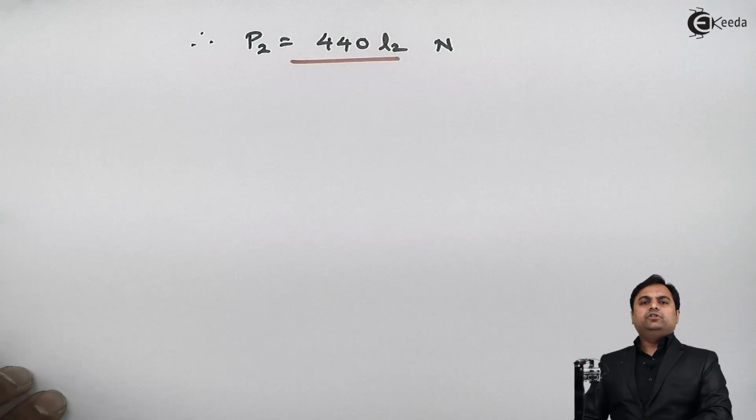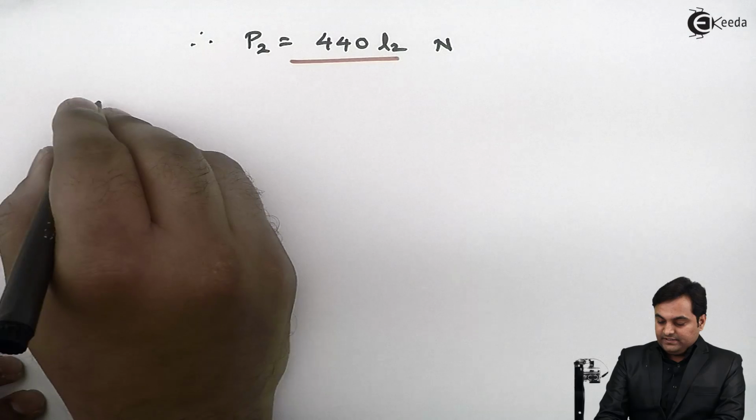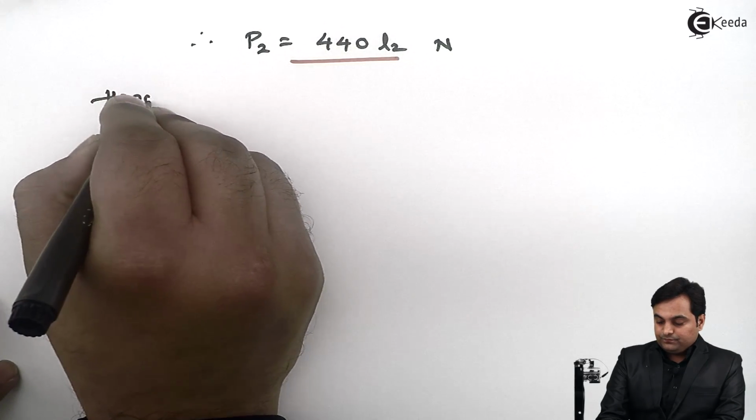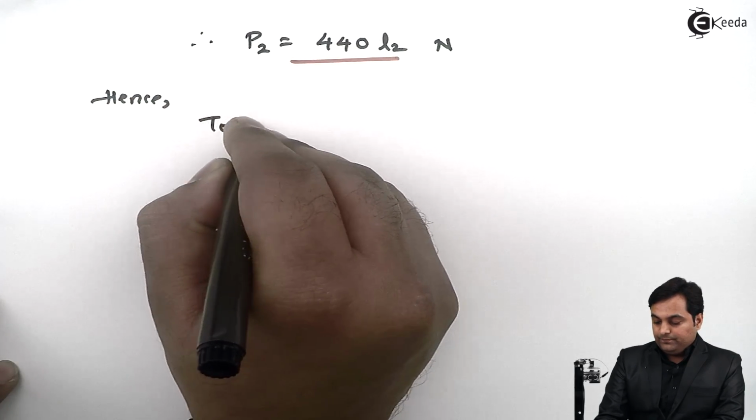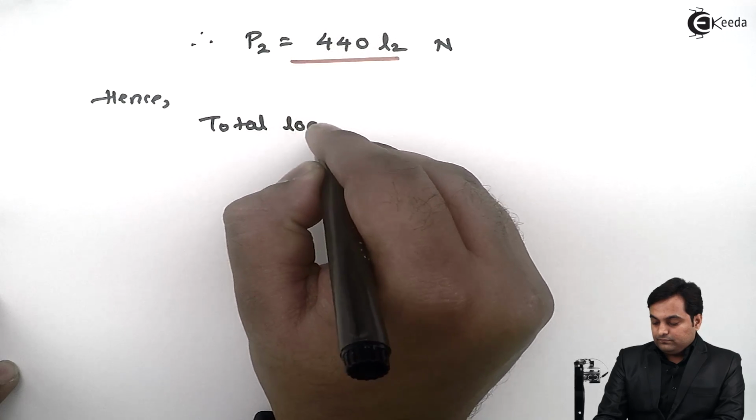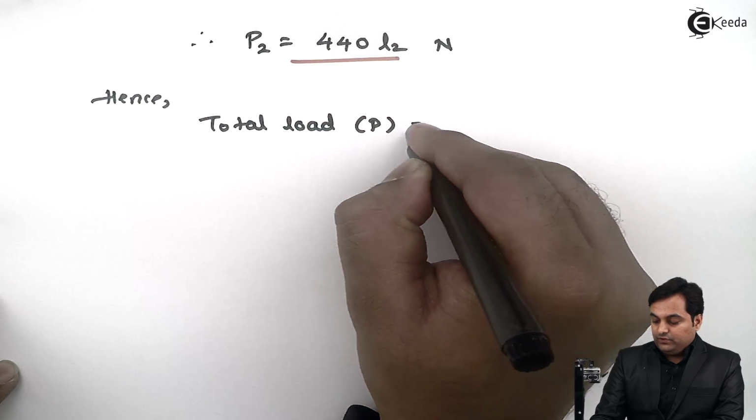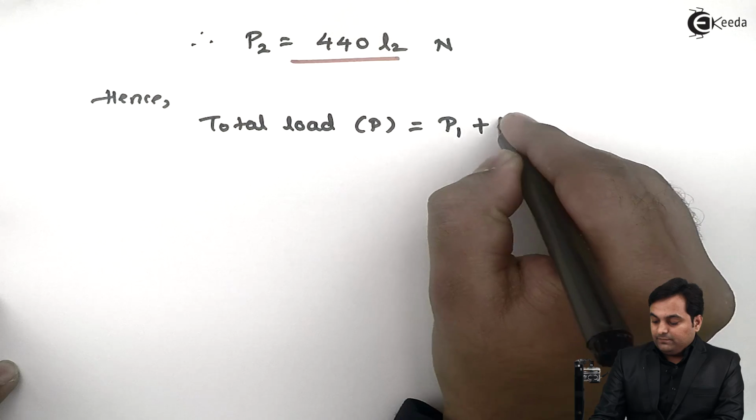Now once we have got the value of P1 and P2, the total load P is equal to P1 plus P2.